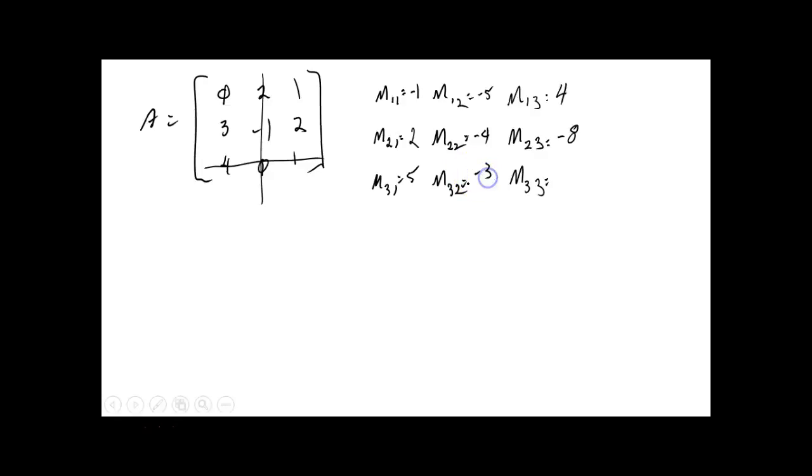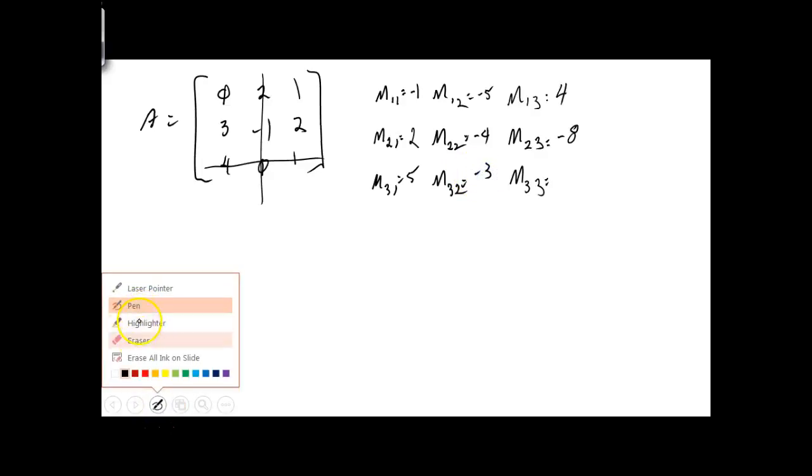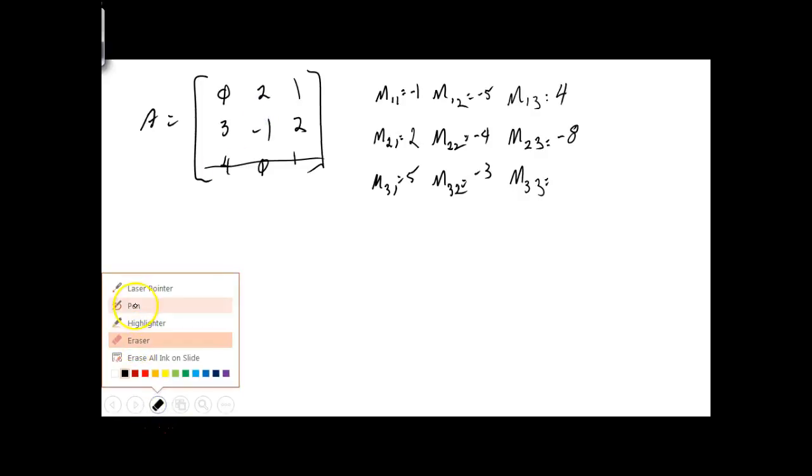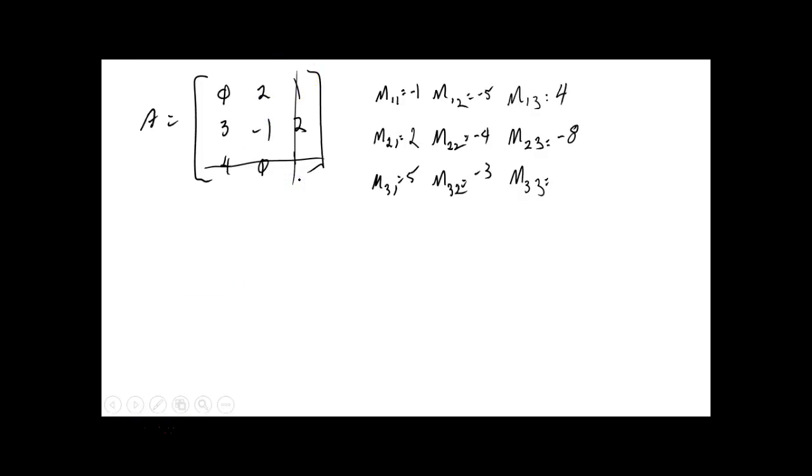Negative 3, and 3, 3. Negative what? Okay, negative 6. Perfect. Now let's do the cofactors.